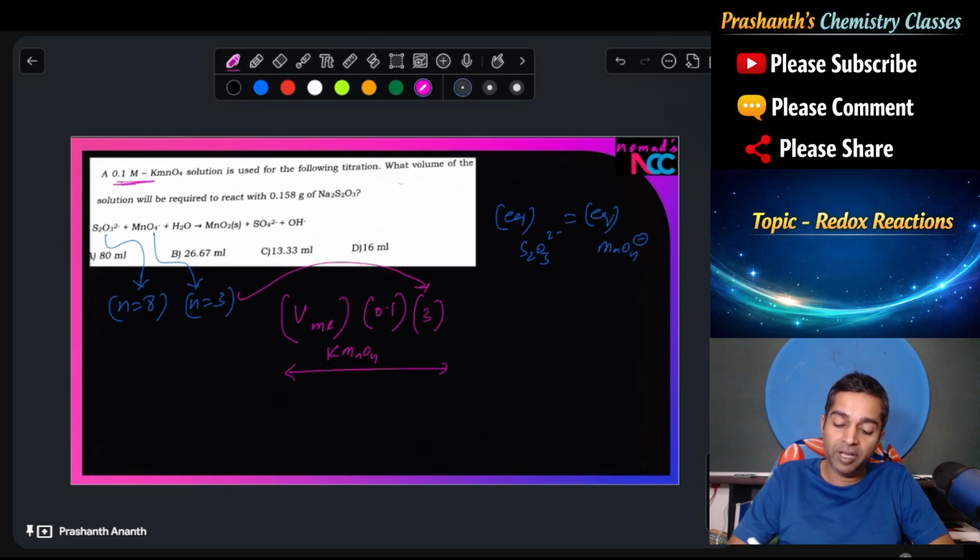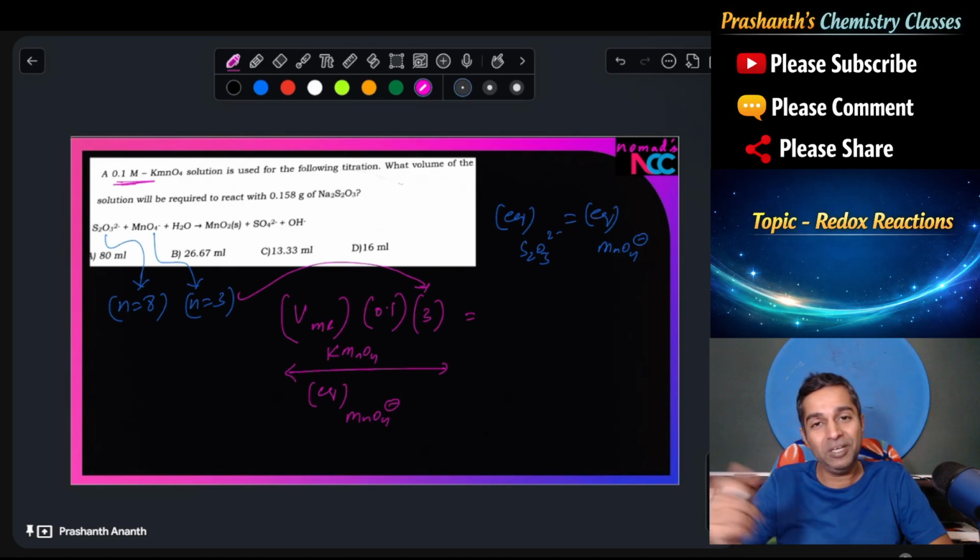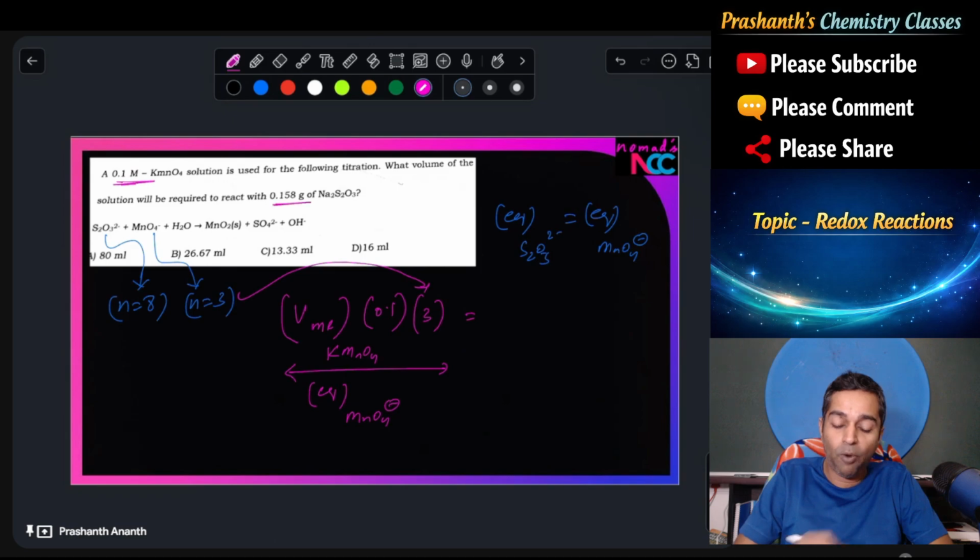This is the equivalence of MnO4-, which should be equal to moles of the S2O3 2- into its N factor. They have given us 0.158 grams. The molecular mass we had seen in the previous part as 158 grams per mole. So effectively it is 0.158 divided by 158.